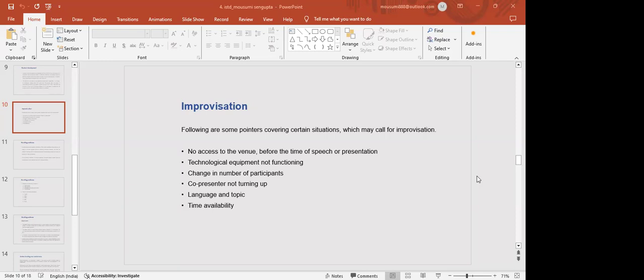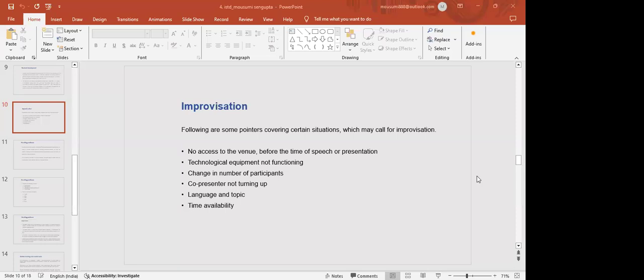We all have to manage our own devices, our own laptops or systems or projectors properly. So it will take some more time, and the countdown starts immediately because your time is running out. So this kind of problem becomes a very, very big challenge. And at that particular point of time, if it happens, what type of improvisation do you think we should take?